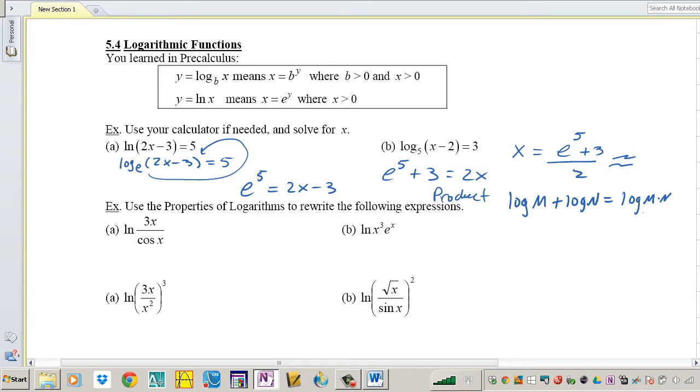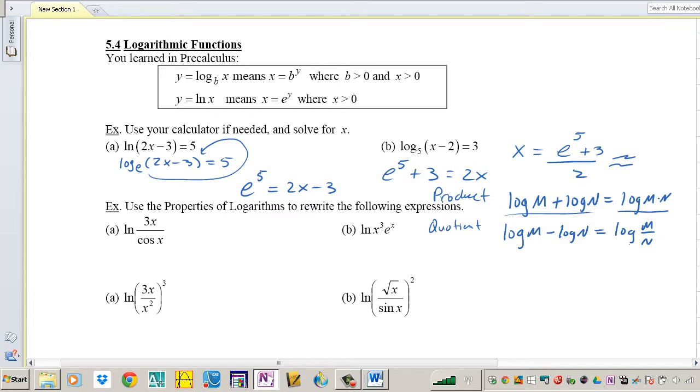It just says that anytime we have a product inside a log, we can write it as a sum of the logs with the arguments separated from each other. Very similar to the quotient property: the log of m minus the log of n is equal to the log of m over n.